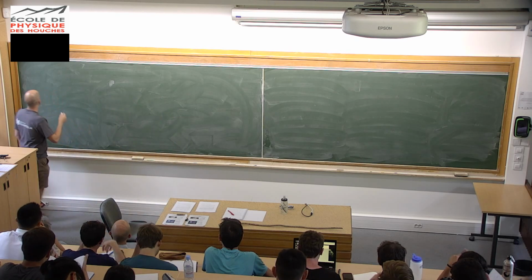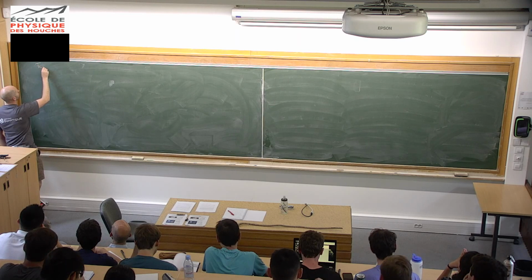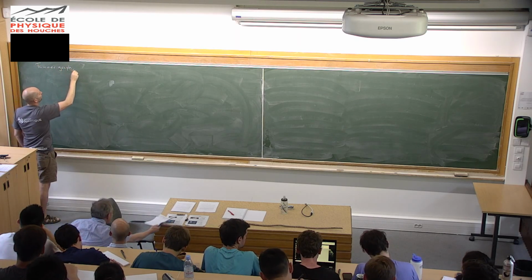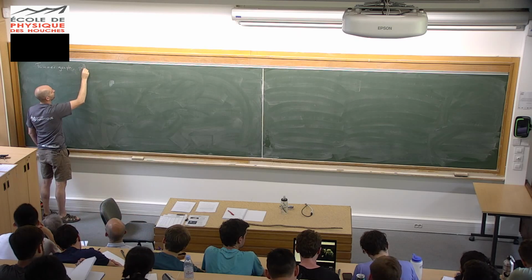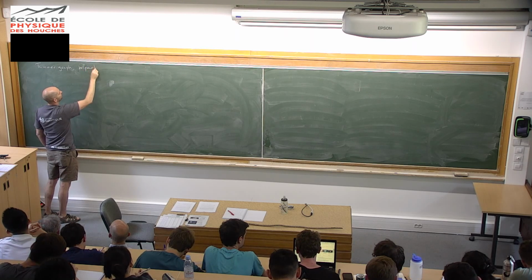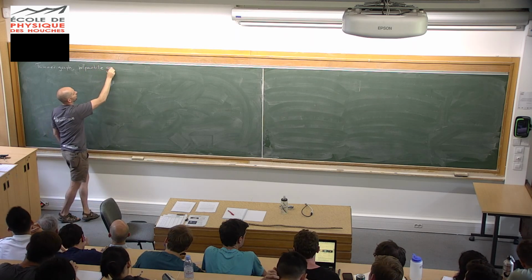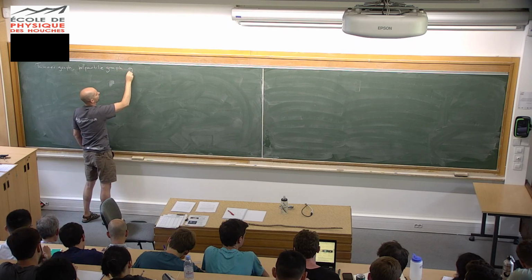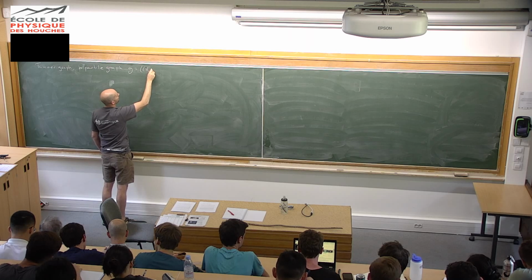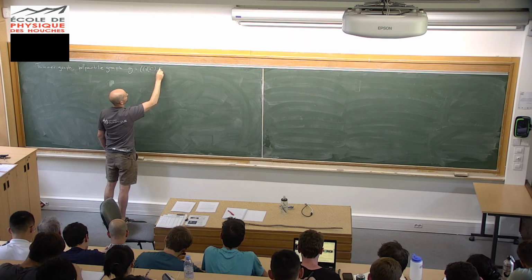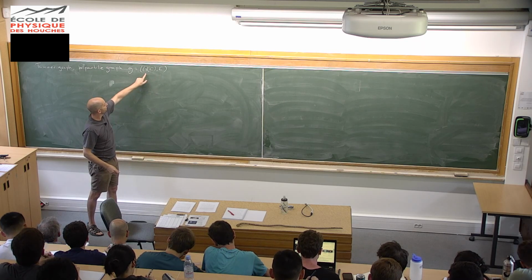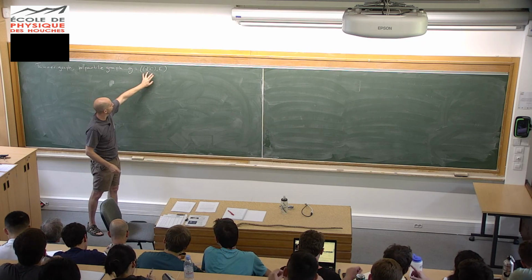So we describe LDPC with their Tanner graph, which is a bipartite graph. So the graph has two sorts of nodes, variable nodes and check nodes, and it's got edges. A graph usually is a set of vertices and a set of edges, but this is a bipartite graph, so it has two types of vertices.